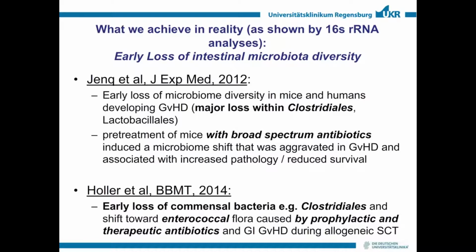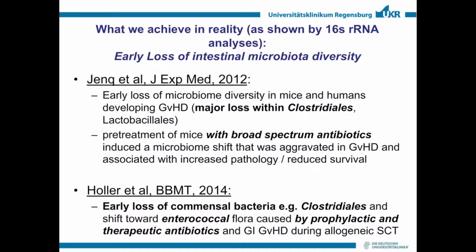They showed both in mice and humans that if they developed graft-versus-host disease, there was a major loss within the Clostridiales and Lactobacillus groups. And they also showed that if they pre-treated mice with broad-spectrum antibiotics, this induced a microbiome shift, and this resulted in accelerated GVHD with increased pathology and reduced survival.